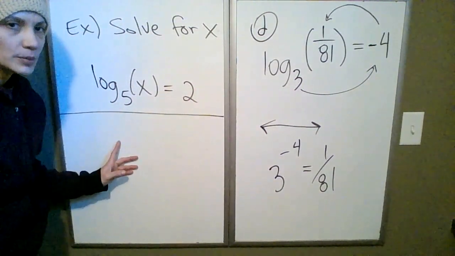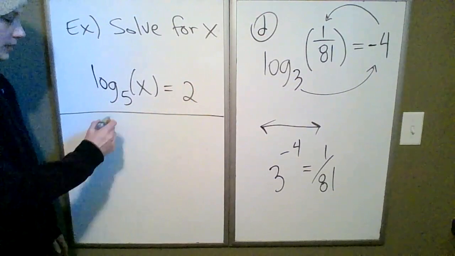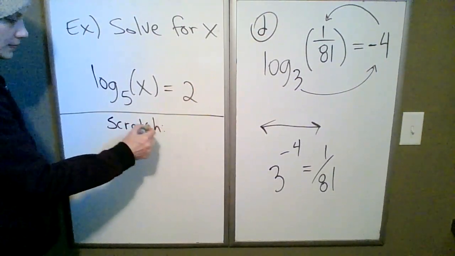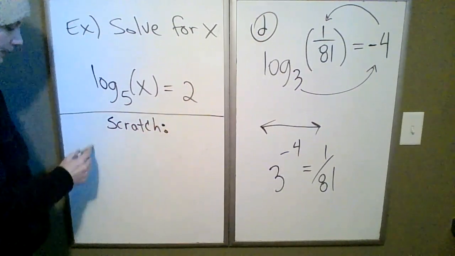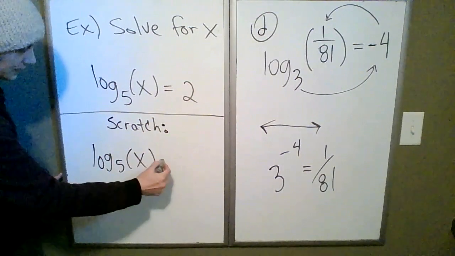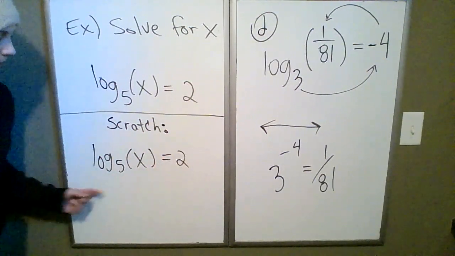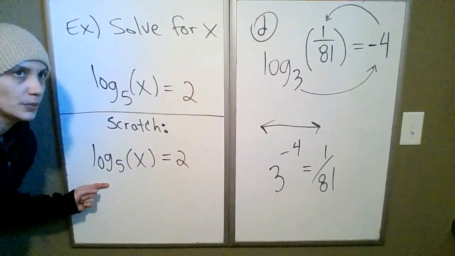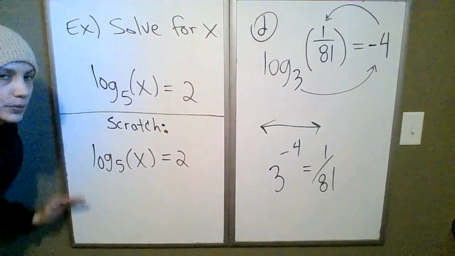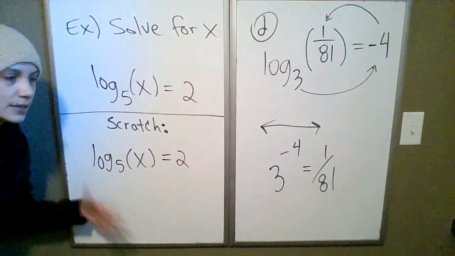So we're going to do scratch work, just copy down the problem. You can use a double-sided arrow, or you can just use one arrow to say this would imply the next thing.